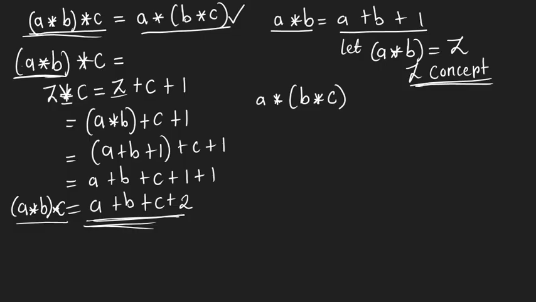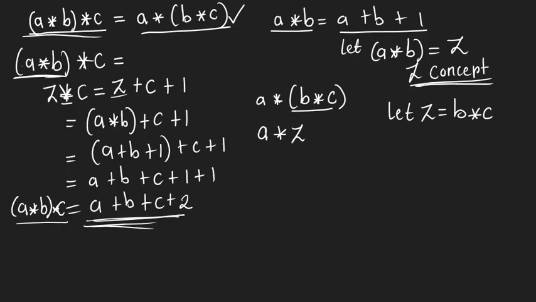We have an operation inside the brackets. We can say let Z equal B star C. Then that means that we are going to have A star Z.